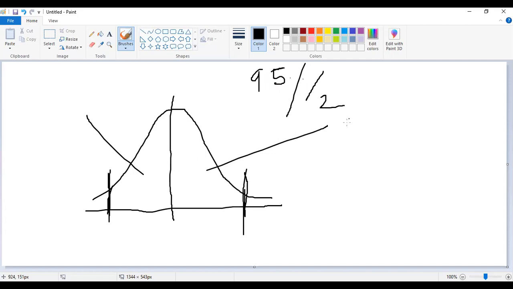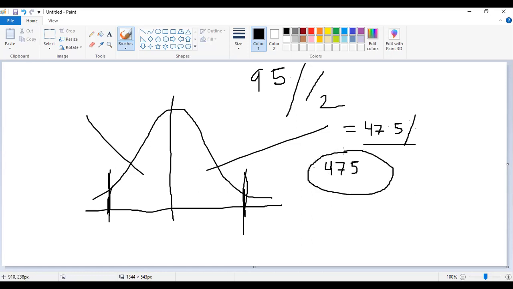What is half of 95%? 47.5%. If we write it in decimal, what is 47.5%? 0.475.